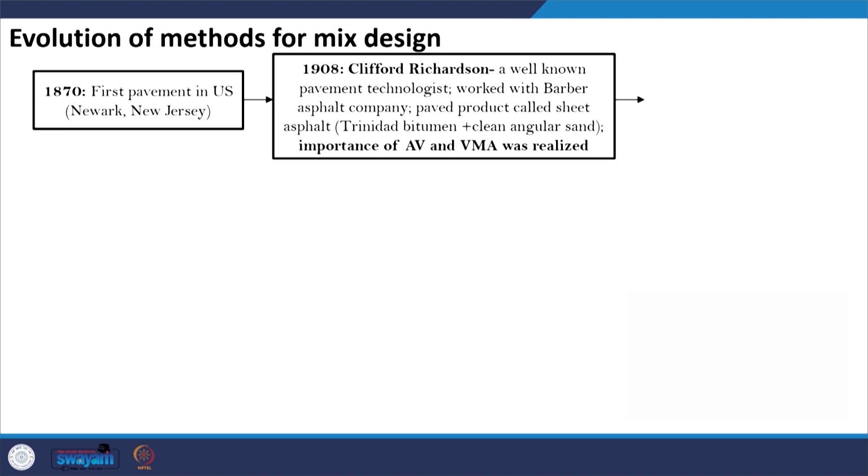And this was the time the importance of air voids and the voids in mineral aggregates was recognized. Air voids and voids in mineral aggregates are volumetric aspects of the mixture, and we will discuss them in detail.